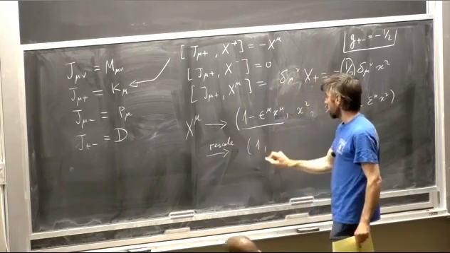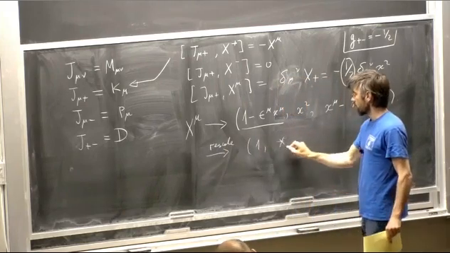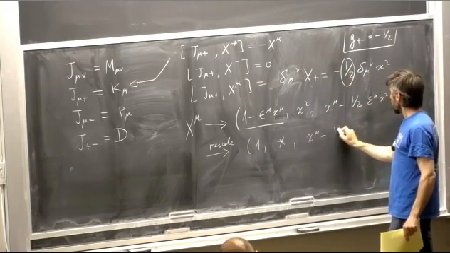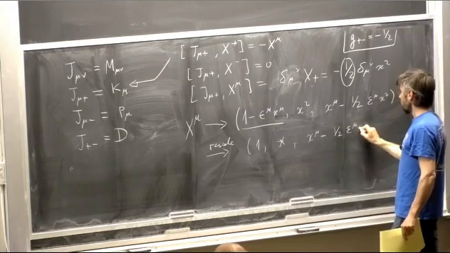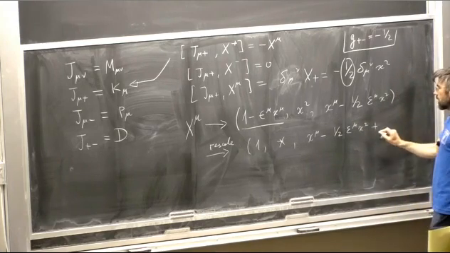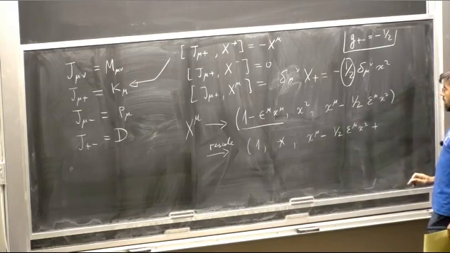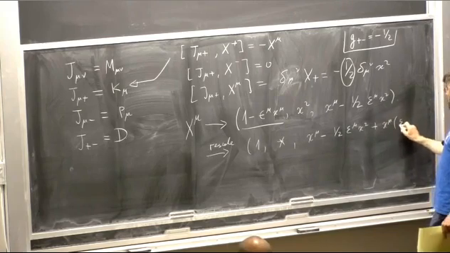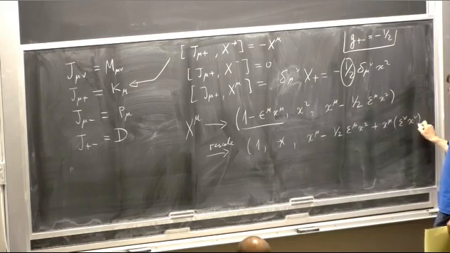So I get 1. Okay, here I get something which doesn't really matter. And here I get x^μ minus 1/2 ε^μ x squared plus x·ε x^μ.